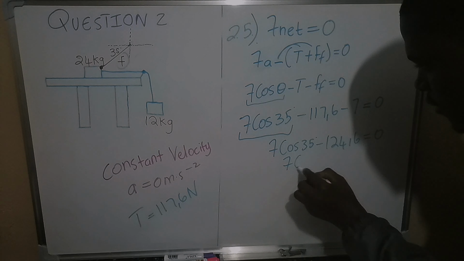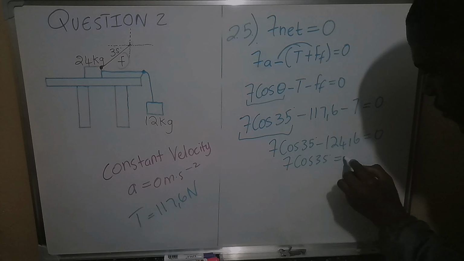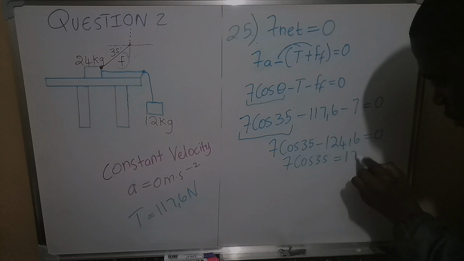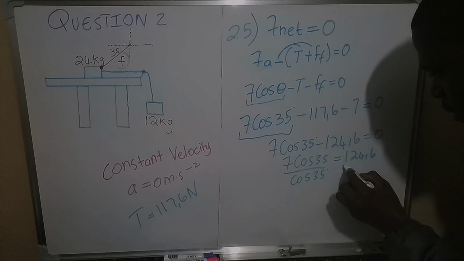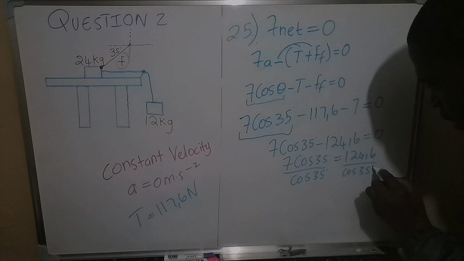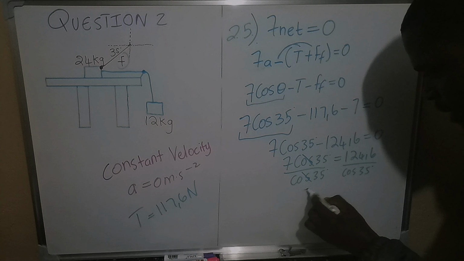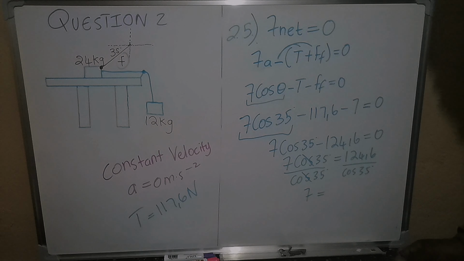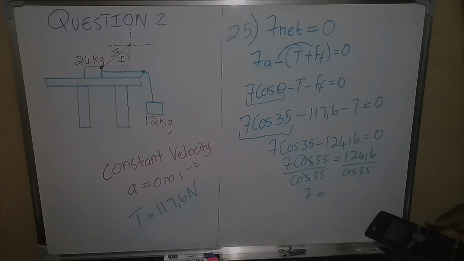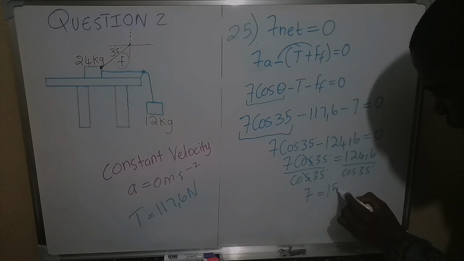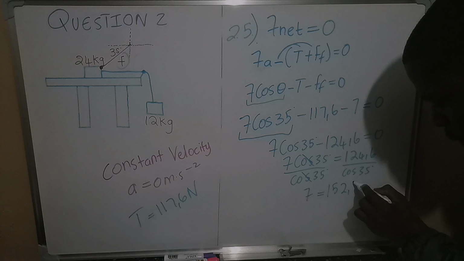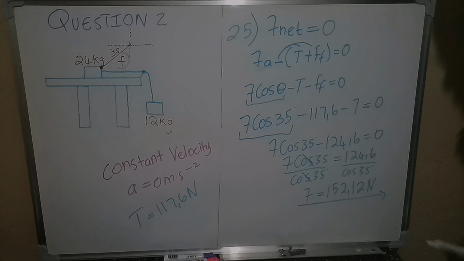So force cos 35 is equal to 124,6. Then I'm going to divide both sides by cos 35, so cos 35 and cos 35 cancel, leaving F. 124,6 divided by cos 35. Our answer is 152,12 newtons. This is the value of our force on this block.